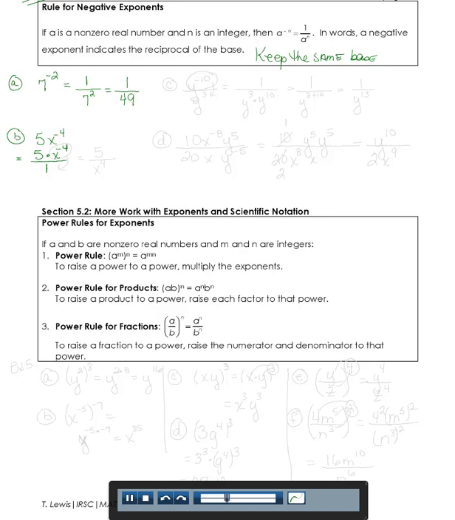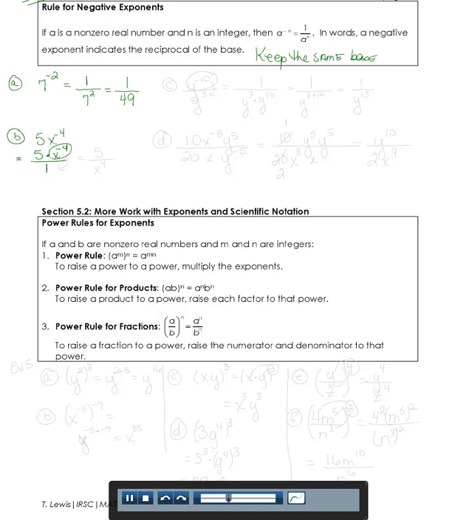In order for me to take the reciprocal of the 5 and the x at the same time, parentheses would have to be placed around the 5 and the x. What is raised to the negative 4 power here is just the base x. If I wanted the 5's exponent to be negative, it would have been there. But when there's no exponent, it's understood to be positive 1. So we're only taking the reciprocal of expressions raised to a negative power.